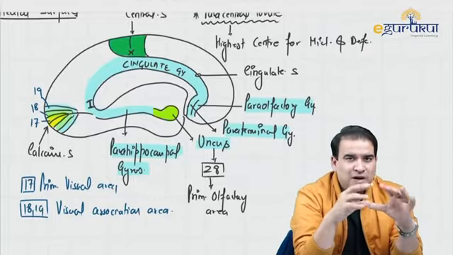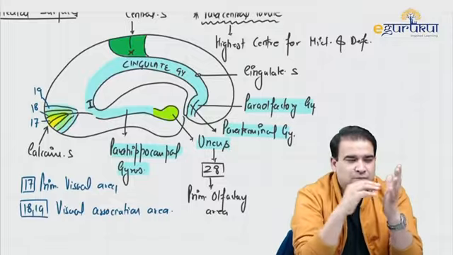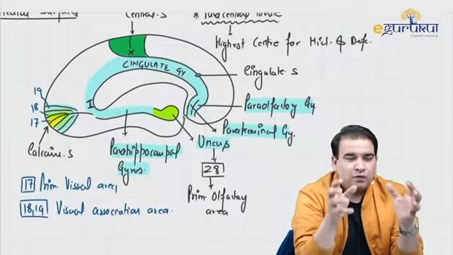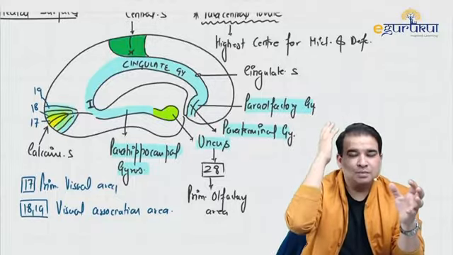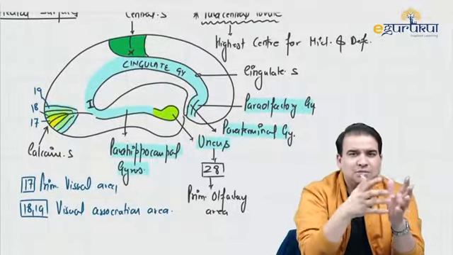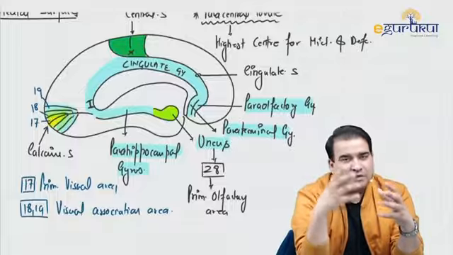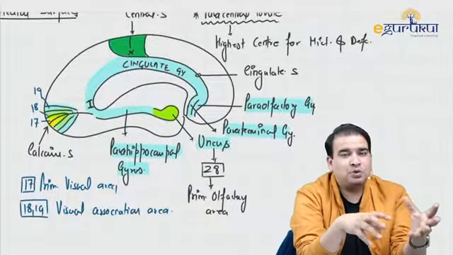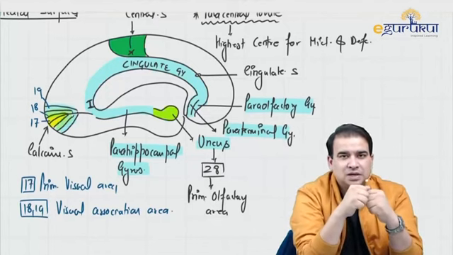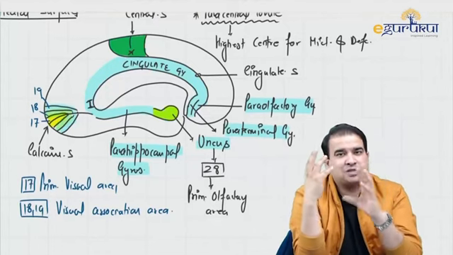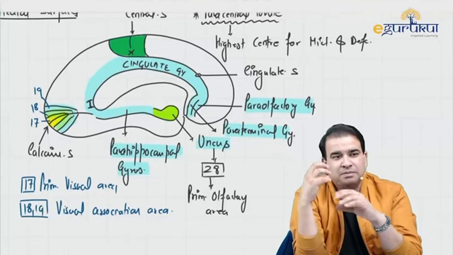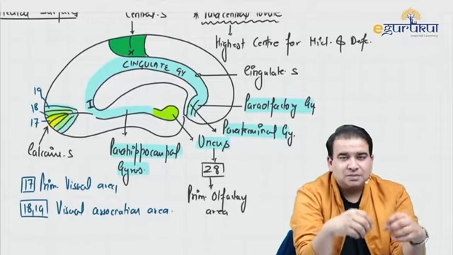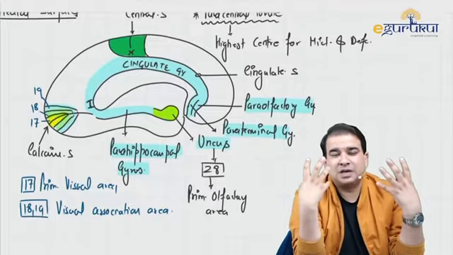So the finer the movement, like the fine movement in the finger done by the intrinsic muscles of the hand, the more representation the movement will have in the motor cortex compared to the elbow flexion or the shoulder flexion. So finer the movement, larger the representation in the brain. The more precise the sensation, again the larger the representation in the cerebrum.